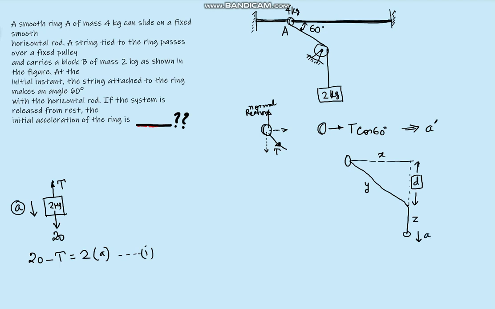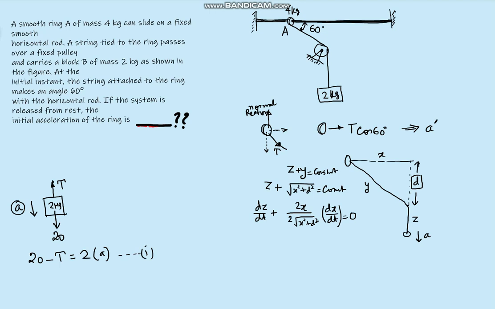Then we can definitely write, as the string is having a fixed length, Z plus Y will be equal to constant. Y means root over X square plus D square. This is equal to constant. If you differentiate, we get dz by dt plus 1 by 2 root over x square plus d square, and then 2x, and then also dx by dt will be equal to 0.